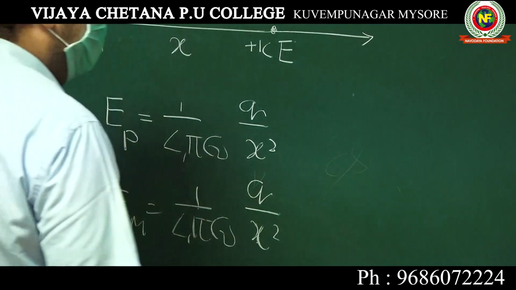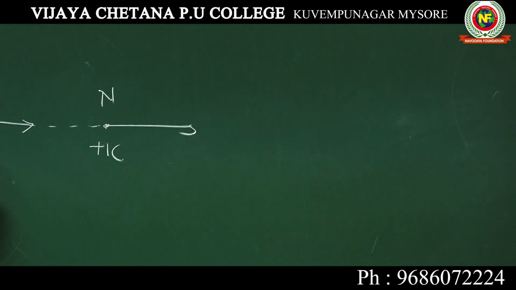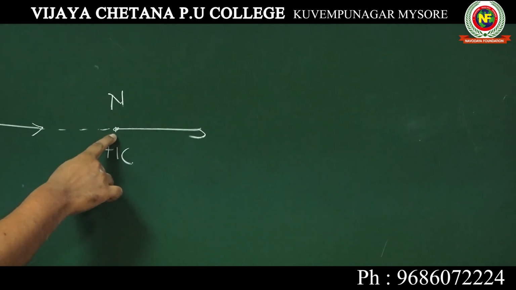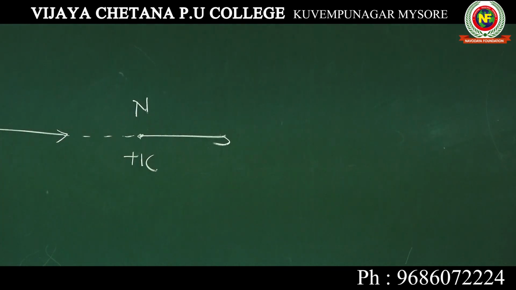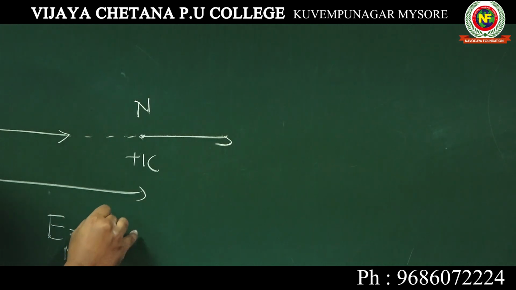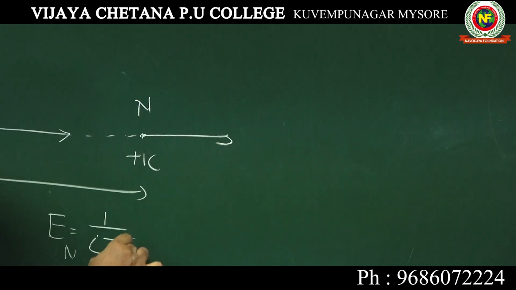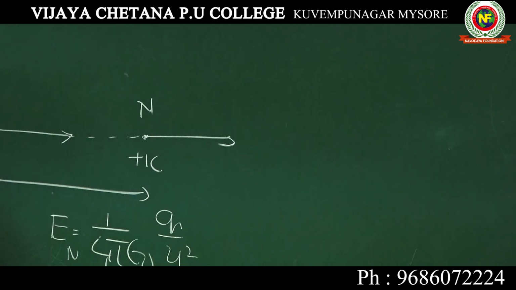Now if you want to maintain the direction, the force will be in this direction. Now at this point the electric intensity direction is the same. But now we have a different distance. Now what happens to the electric intensity at the point n? 1 by 4 pi epsilon naught q divided by y square it becomes.